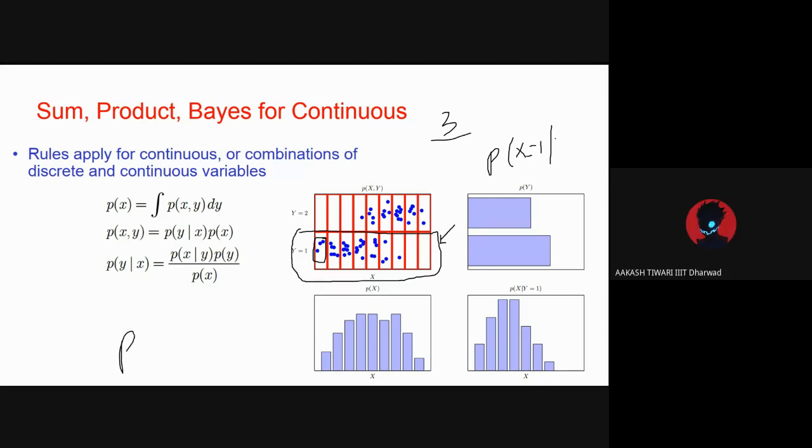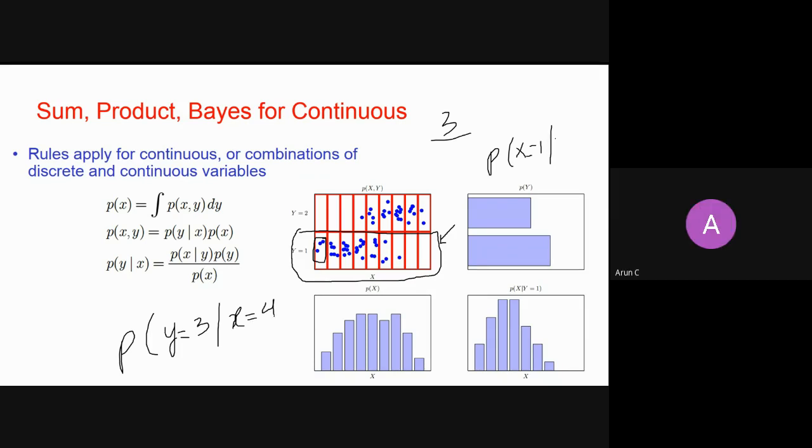So I will write it so as not to confuse you. What is the probability that y equals 2, y equals let's say 3, given x equals 4? 0. Very good.